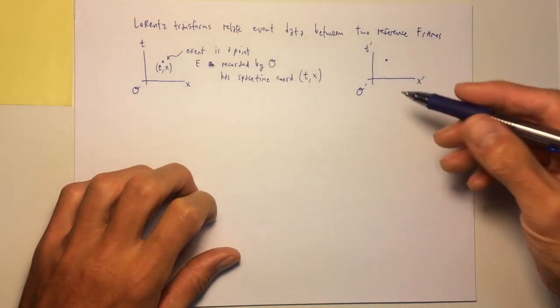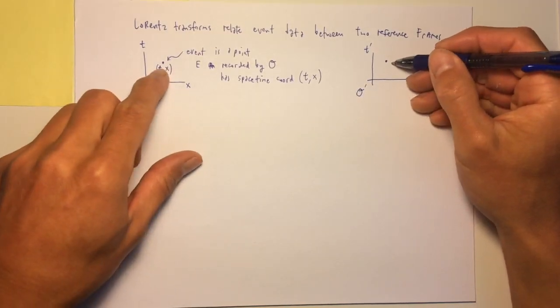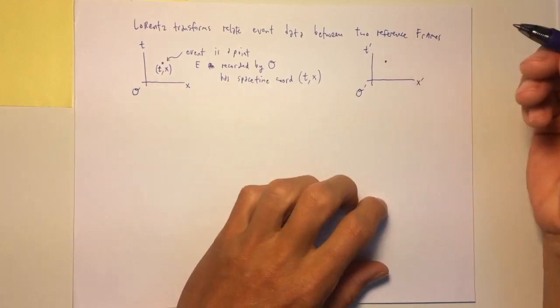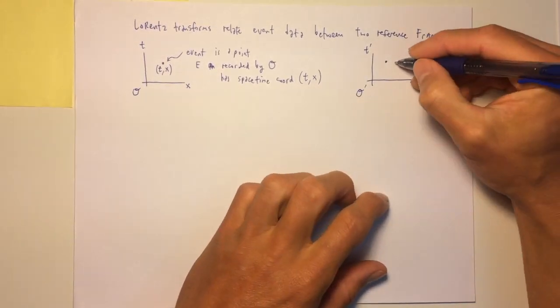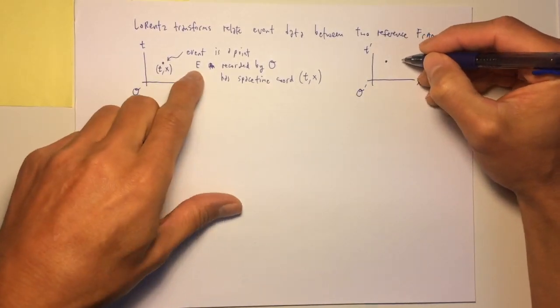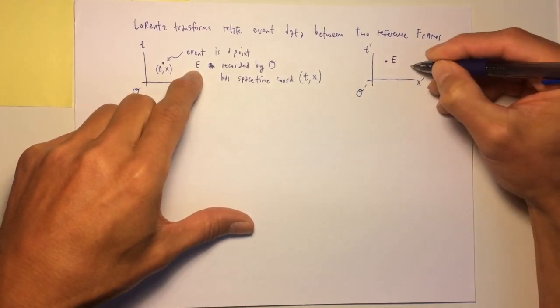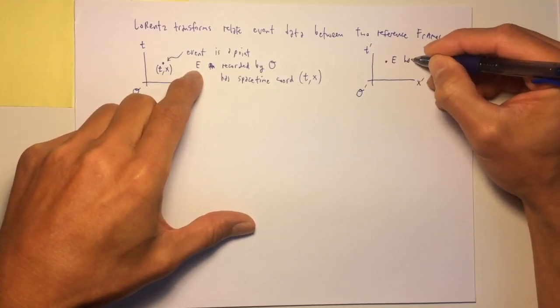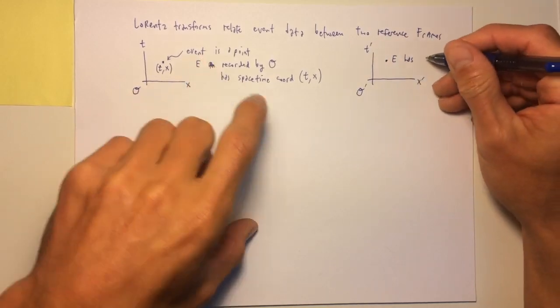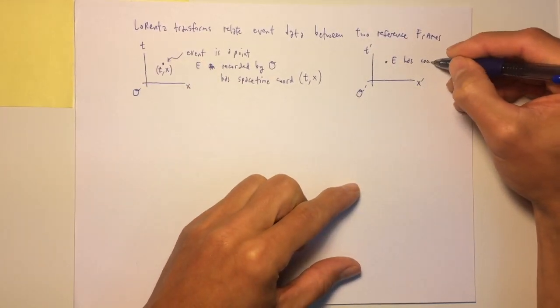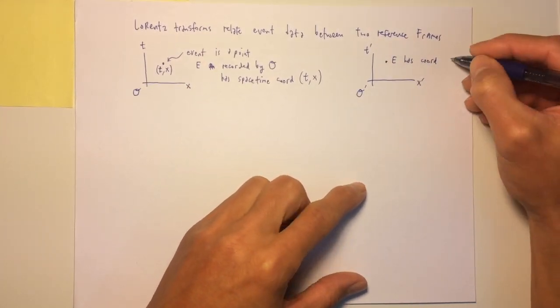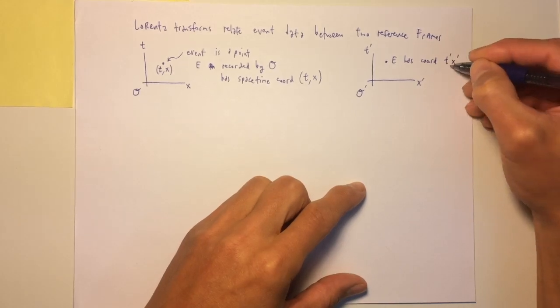But they still can record the same event with all their detectors. And observer O prime is going to record the very same event E, but with different event coordinates. So has coordinates t prime, x prime.